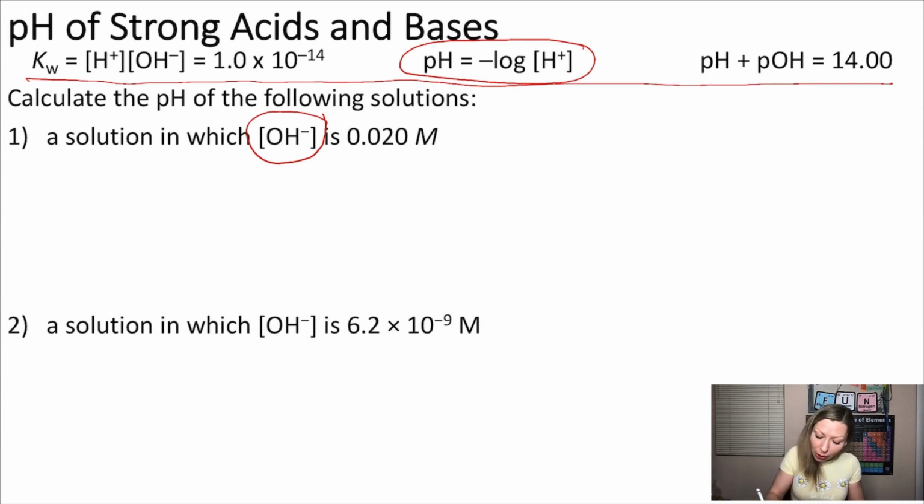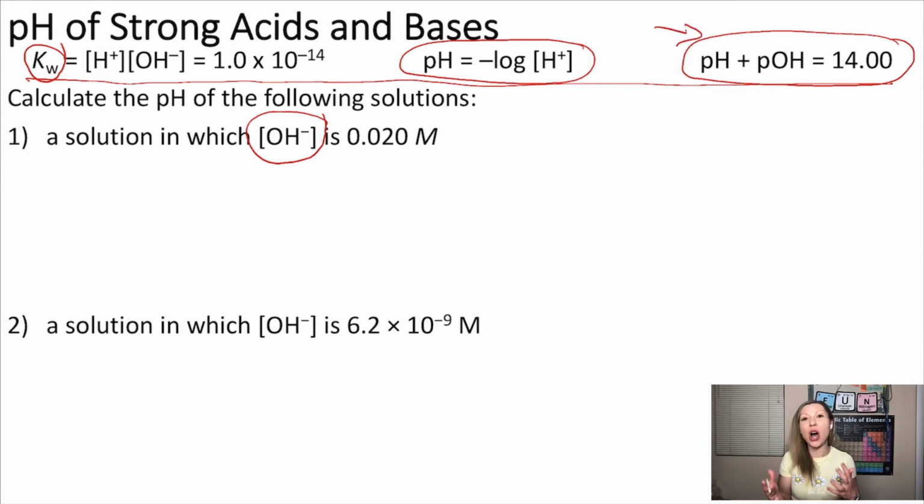But we also know that pH plus pOH equals 14 due to the ion product constant for water. So if I can calculate pOH, I can use this expression to calculate the pH. And the pOH is calculated the same way as the pH, only with the negative log of the hydroxide ion concentration.